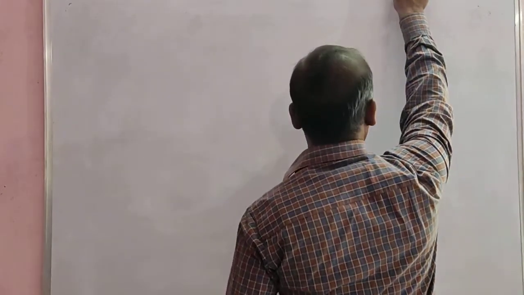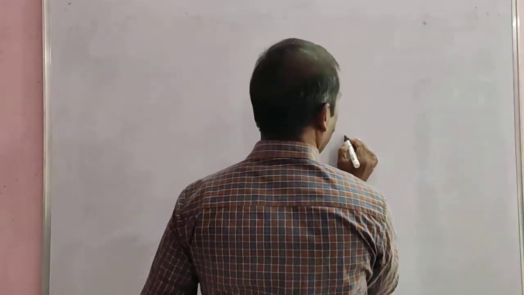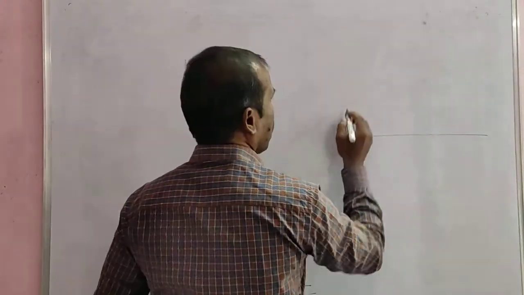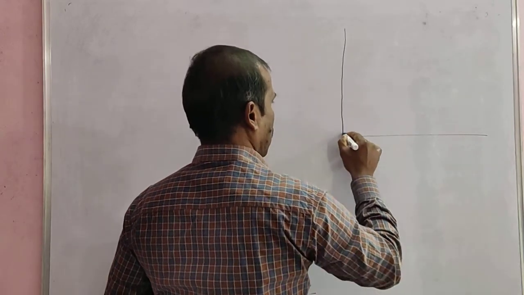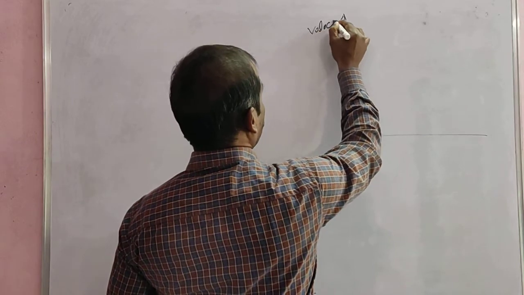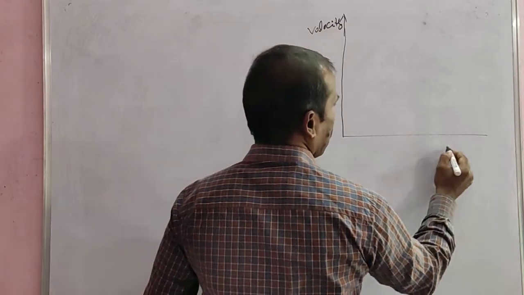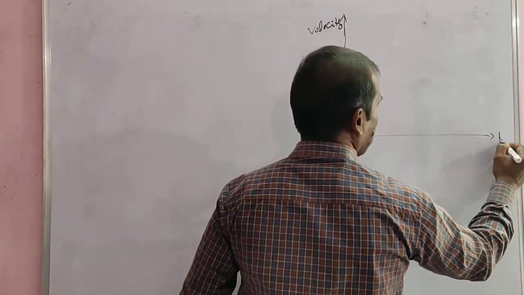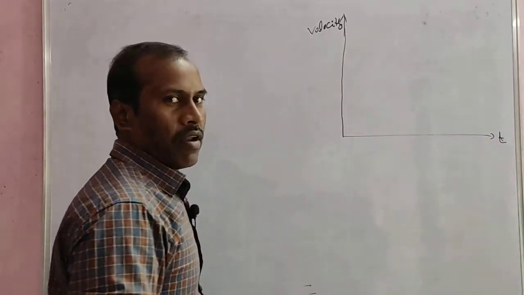The x-axis is time and the y-axis is velocity.